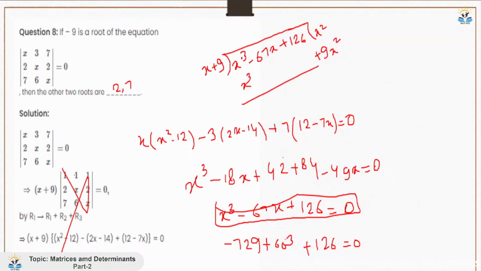Here it will cancel, and you will get minus 67x plus 126 minus 9x square. Now do minus 9x. So you will get minus 9x square minus 81x.